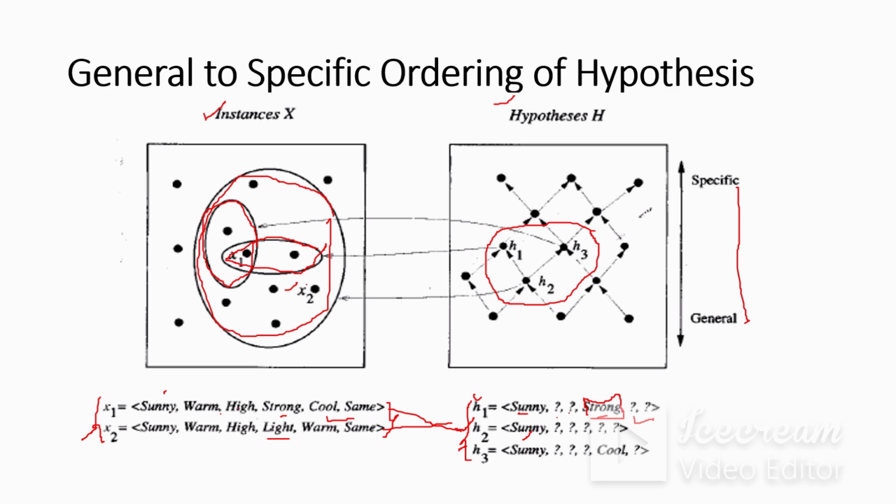So h2 is towards the general end and h1 and h3 are towards the specific end. But we cannot clearly say among h1 and h3 which is more general and which is more specific, so both of them are at the same level. This example helps us understand the general to specific ordering, or the more general than relationship, better.